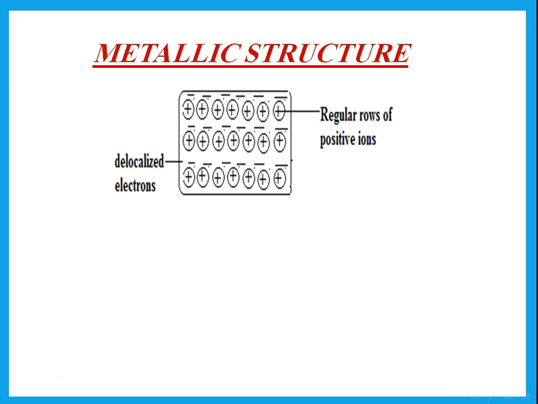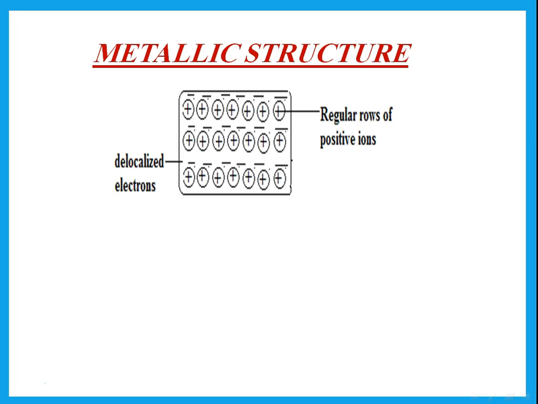Now, what about metals? We said metals are in group 1 or 2 or 3. That means that they have 1 or 2 or 3 electrons in their outermost shell. And that means it doesn't really want these electrons because it will prefer to lose them and have a full outer shell. So each atom of the metal has these outermost electrons floating around it.